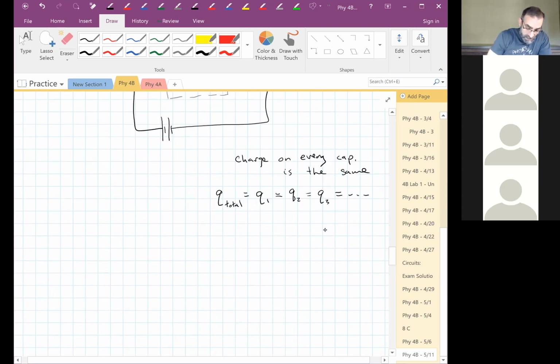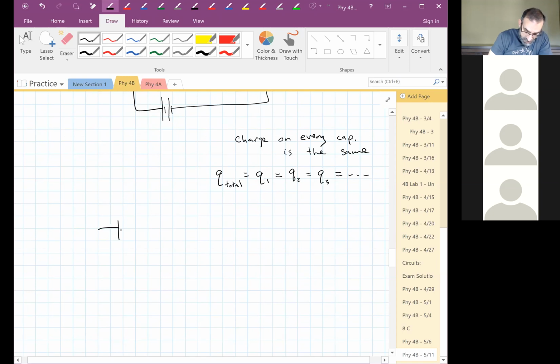So we've got, let's just make it 2 capacitors. We've got a battery. We charge them up, right? So we end up with Q1 and Q2. I'm just going to call them Q because we know they're the same, right? Q charged on each one.